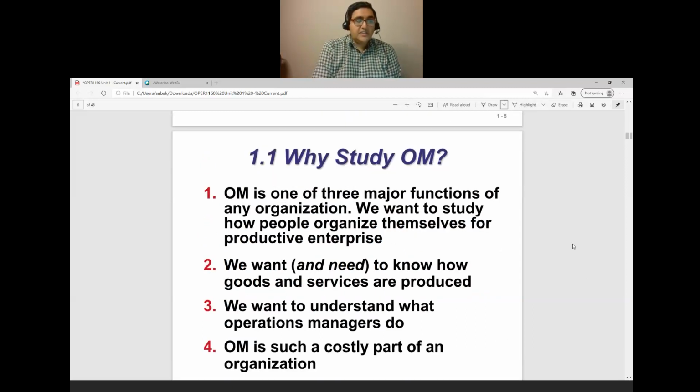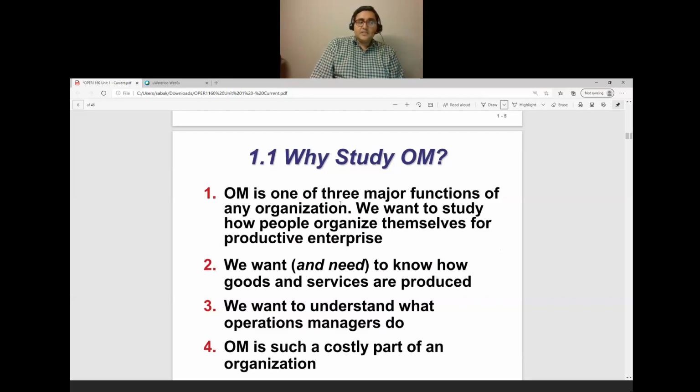So the question which most of you might be having is why we study operations management. There are multiple reasons. If you see this, input, the block diagram, and output is what operations management is all about.